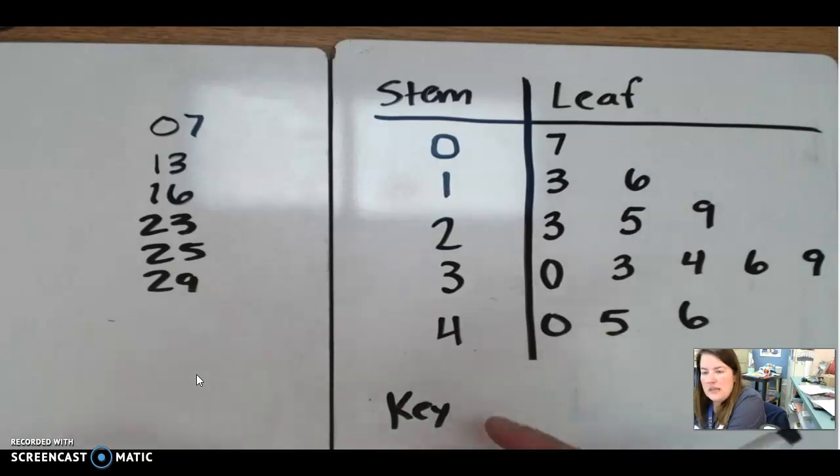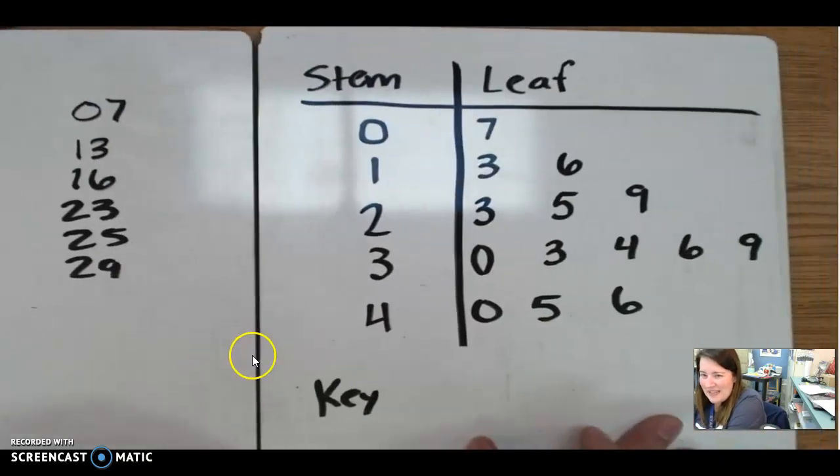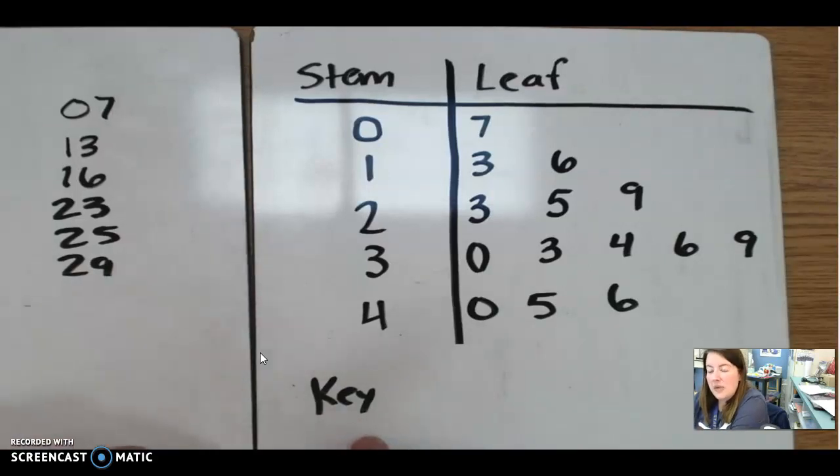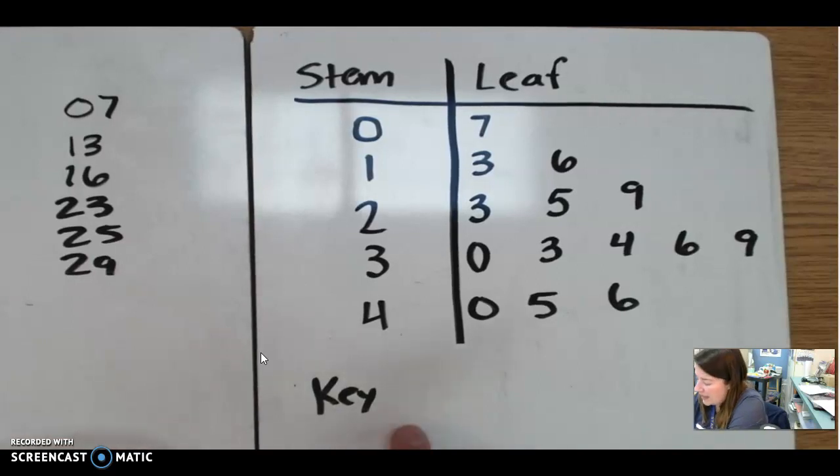What I want you to pay attention to is down at the bottom of a stem and leaf, there's typically a key. Like in social studies, when you're looking at a map, the key tells you what goes with what, like if it's shaded this color, it means this. Well, stem and leaves will also have a key.